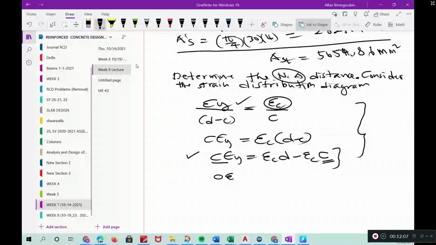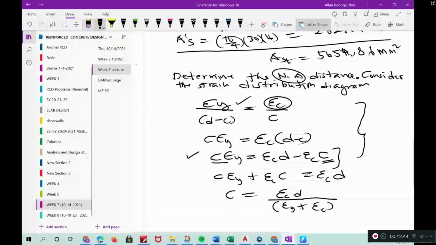Let us say E sub Y plus E sub C is equal to E sub C of D. So can we say that E sub C for concrete of D is equal to E sub Y plus epsilon of C sub C. So we usually have this by separating this one.